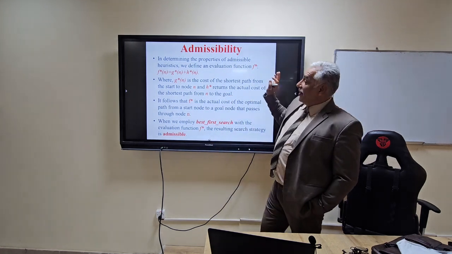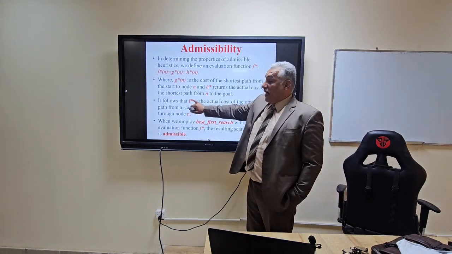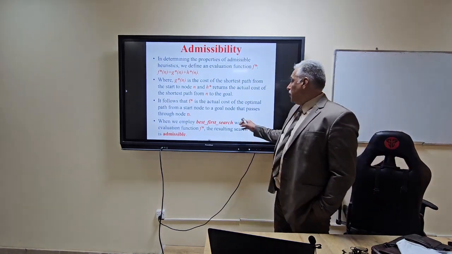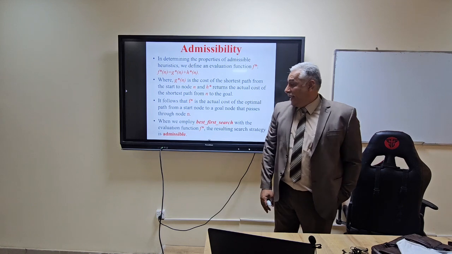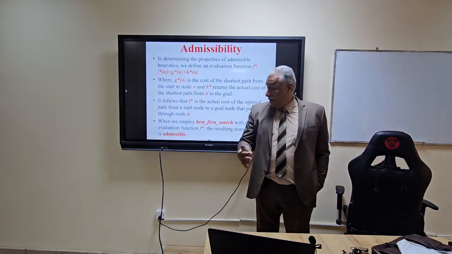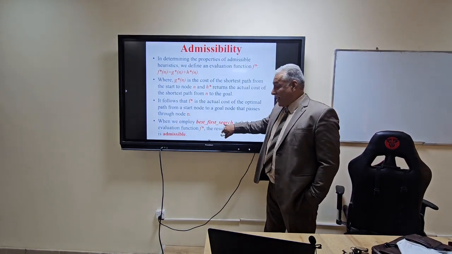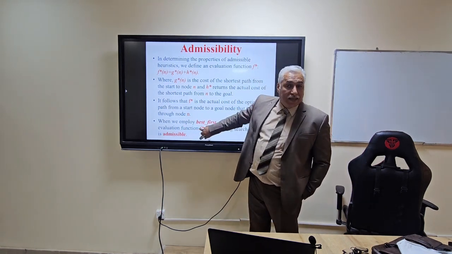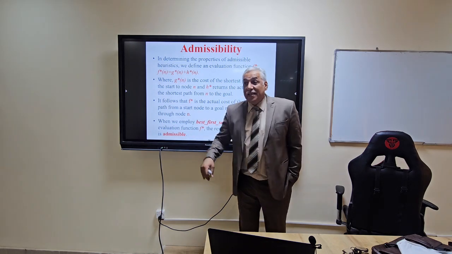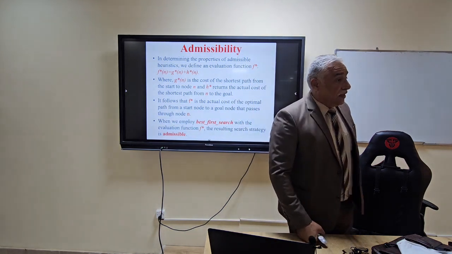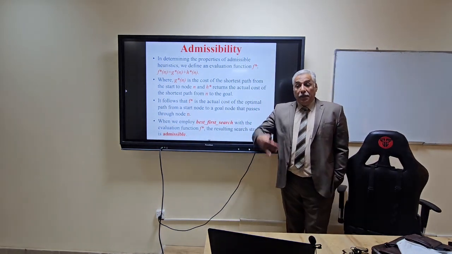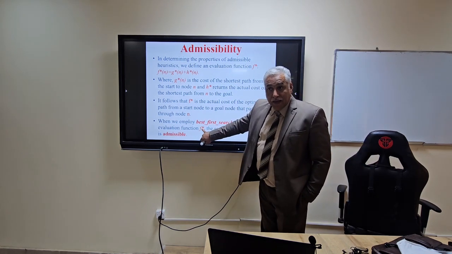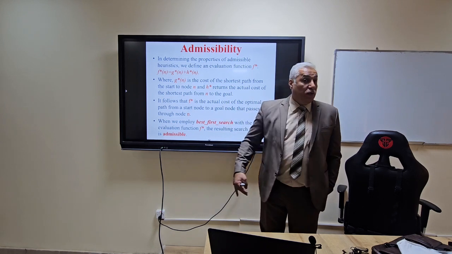It follows that f*(n) is the actual cost of the optimal path from a start node to the goal node that passes through node n. We employ best-first search with the evaluation function f star, because f star represents the actual value of the function for the best solution.